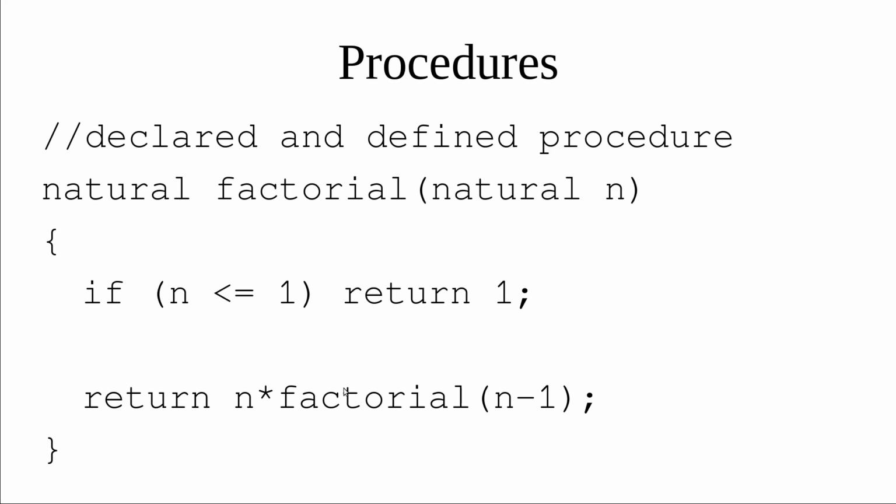I'll show that later. So of course this is declared and defined of a natural factorial, natural n. Of course, factorial, and quick and easy base case. This basically looks the same as you would write in your first programming course.